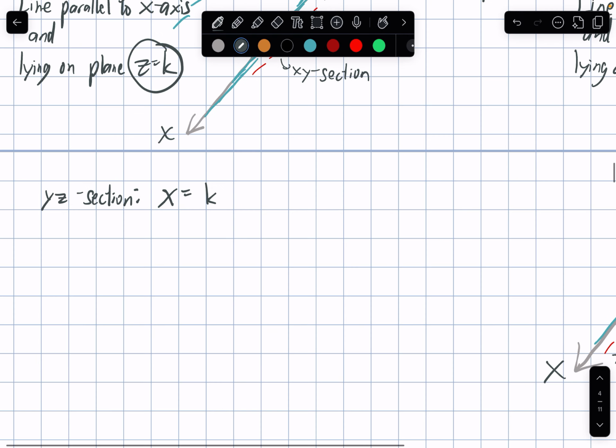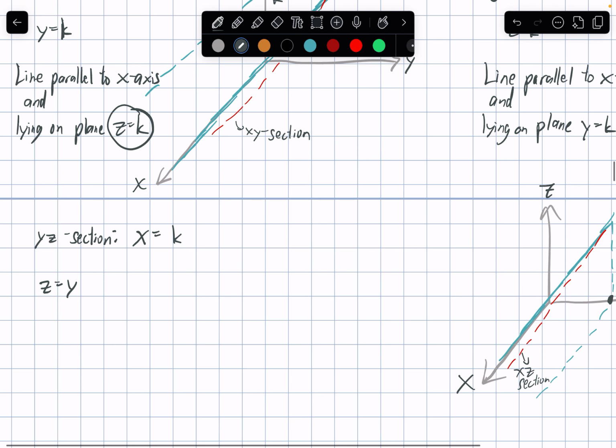There's no x in the equation, so we just copy paste. Z is equal to y. This is a line parallel to z, right? So what's not mentioned is y axis, and it is lying.